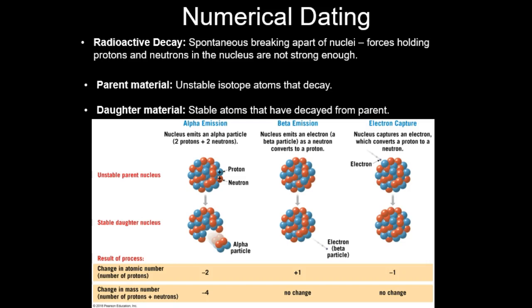The third type of decay is called electron capture. So here, as the name says, an electron is captured by the nucleus. This electron will then combine with one of the existing protons in order to make a neutron. So neutrons can decay, or they can be made by the addition of a proton and an electron.